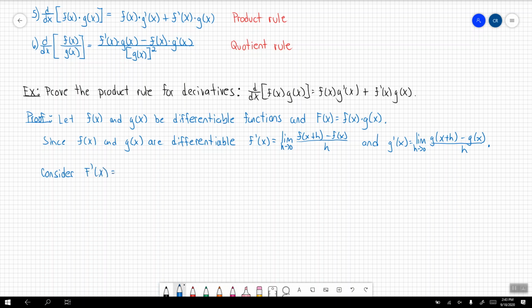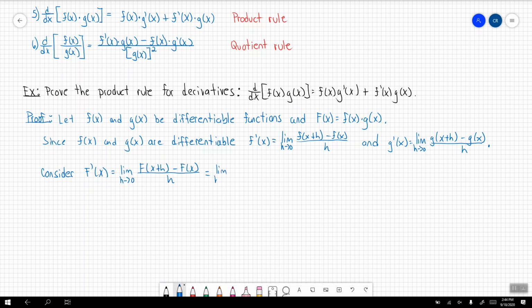Since we have two functions multiplying each other, f of x and g of x, and they're both differentiable, I'll be looking at a differentiable function, and that's my capital F. Now I want to extract what its derivative looks like. Capital F prime of x is the limit as h is approaching 0 of capital F of x plus h minus capital F of x, all divided by h. And so again, I'm just using that limit definition for the derivative.